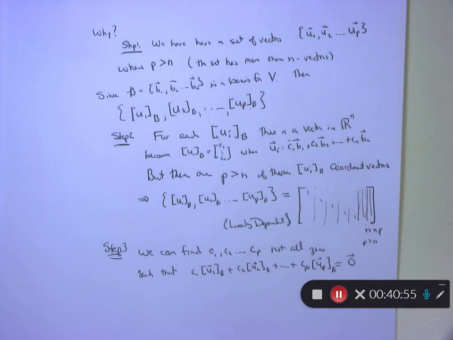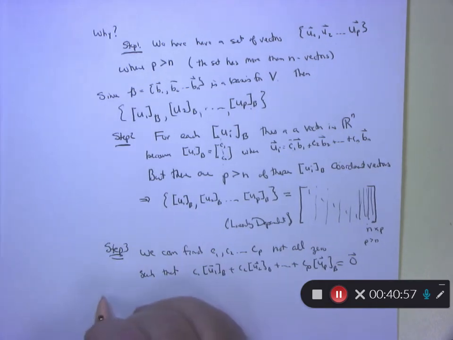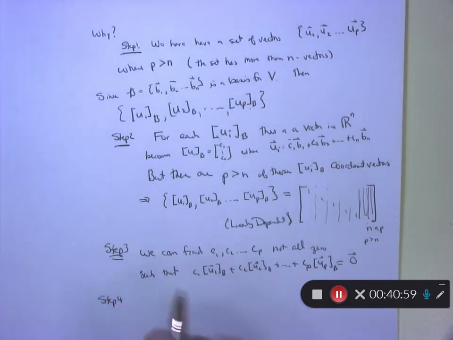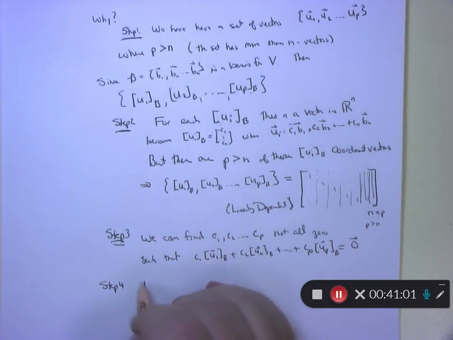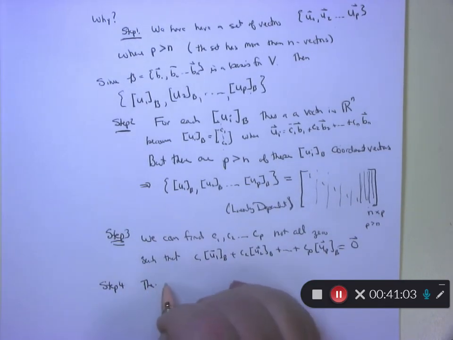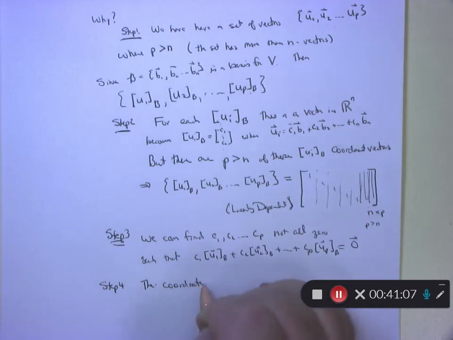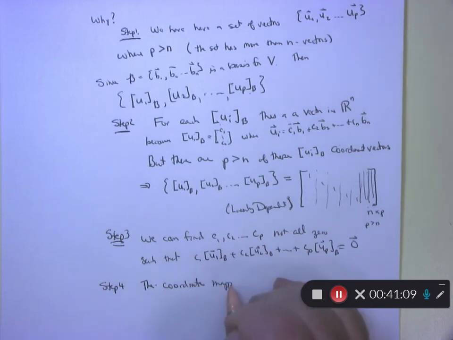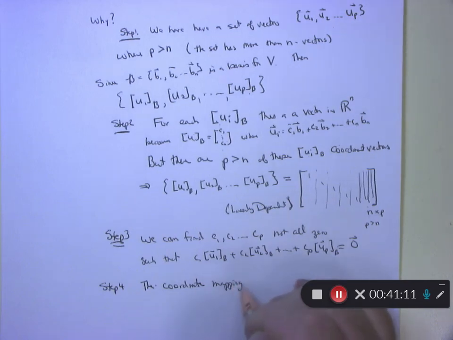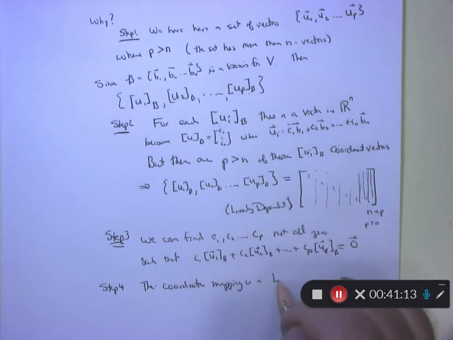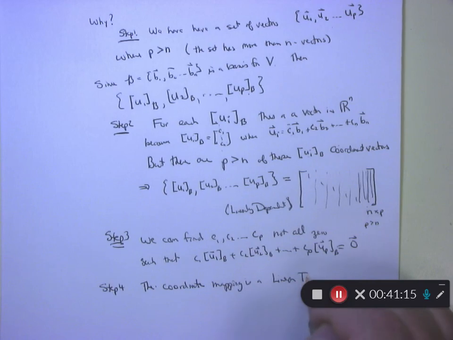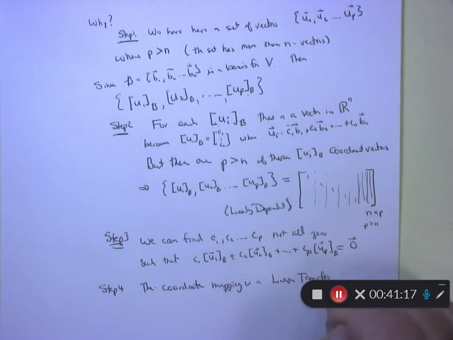So, in other words, step number 4, the coordinate mapping is a linear transformation. Again, trying to tie all these things together for you guys.